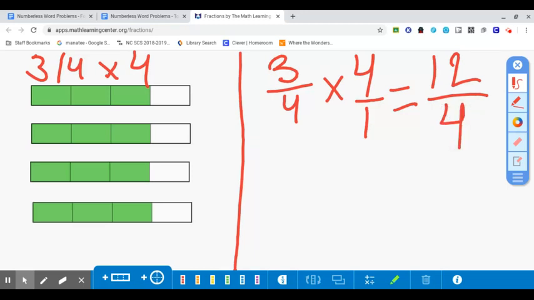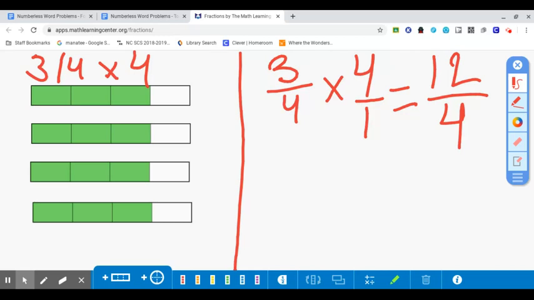So we could say that Mandy rode 12/4 of a mile, but we're going to take this fraction now and turn it back into a whole number or a mixed number. You've also learned that the fraction line can also mean division.